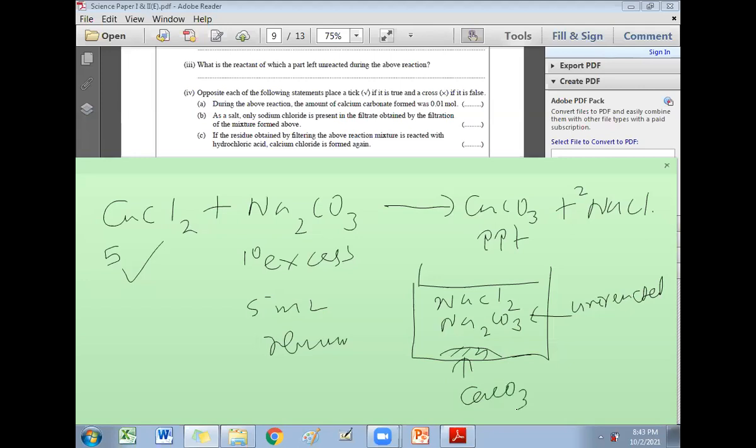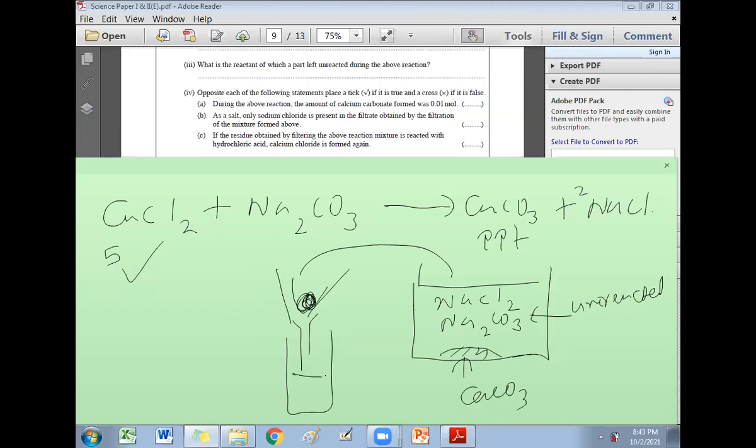Now when you filter this, what will come to the filtrate? If you filter this, this one contains only calcium carbonate solid, it is left, and this beaker, the solution, contains 2 things. Not only sodium chloride.